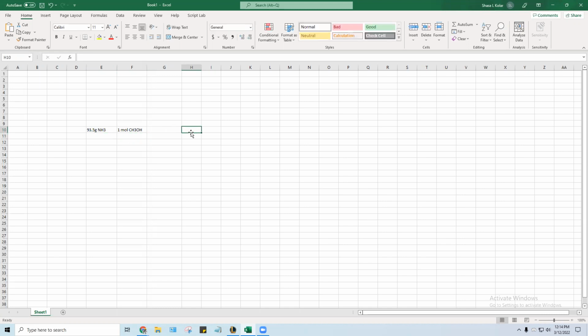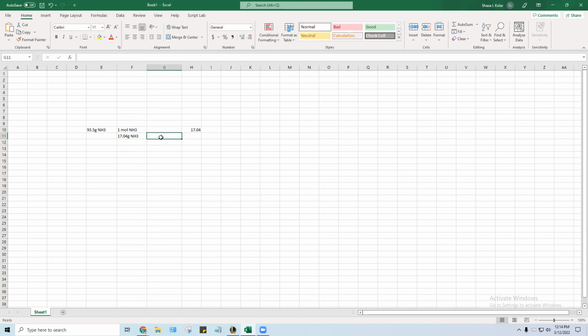So NH3, nitrogen is about 14.01 plus 3.03. And that gives us a molecular weight of 17.04 grams, and that gives us 1 mole of NH3.